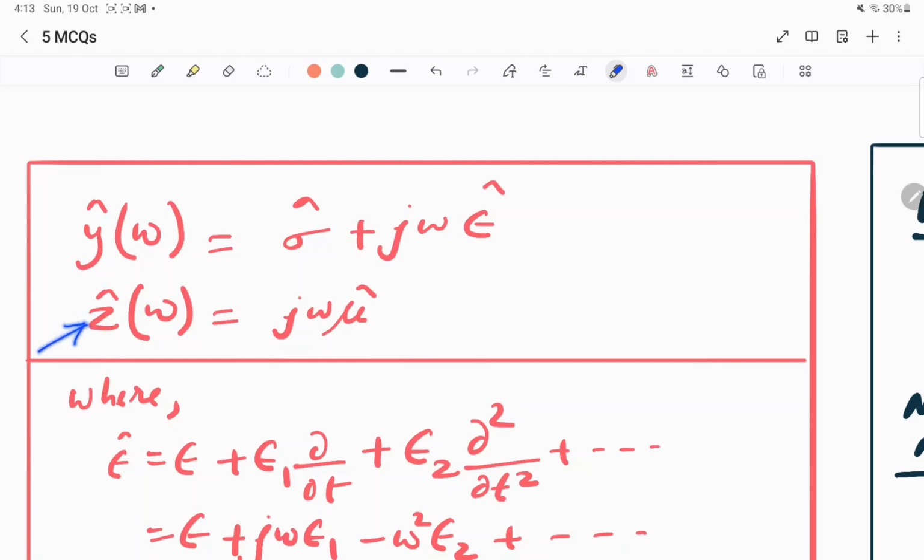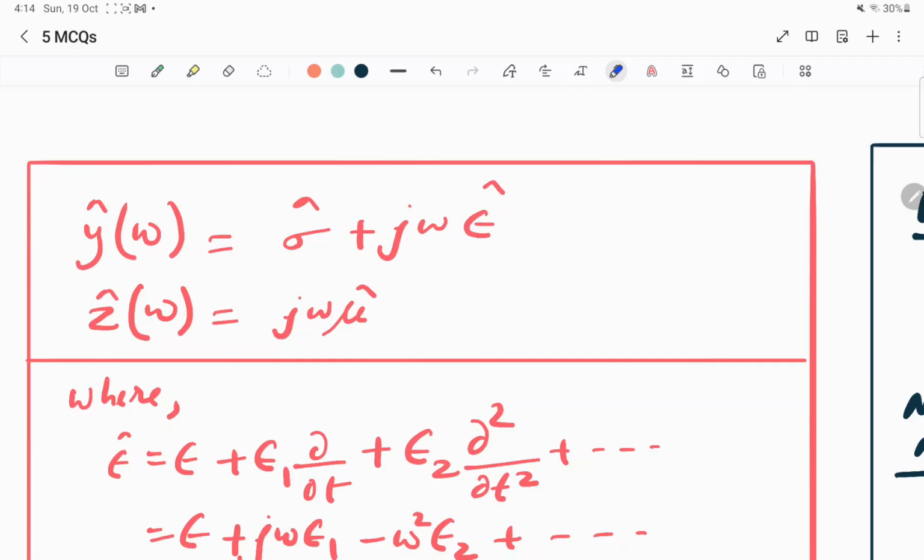Similarly, z cap is the complex impedivity of the medium. This is admittance and this is impedance. And mu cap is the complex permeability of the medium. These two equations will be used in this question.